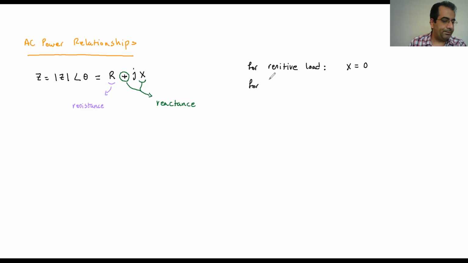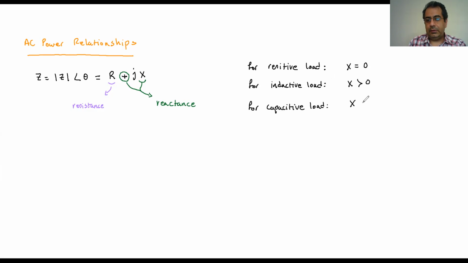For an inductive load, the X is positive. For a capacitive load, the X is going to be negative. So we consider the X with its sign here.